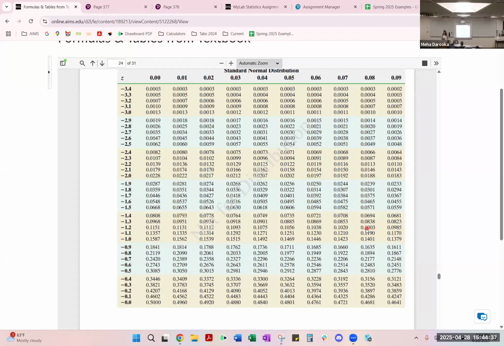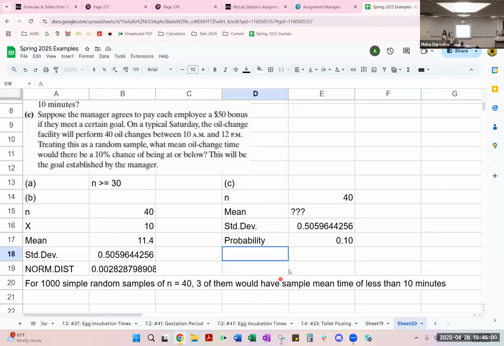So the z-score you would be going with is for 0.1003, which looks like negative 1.2. This is third down, right? So third down is negative 1.2, and of course that column is 0.8. So our z-score is negative 1.28.